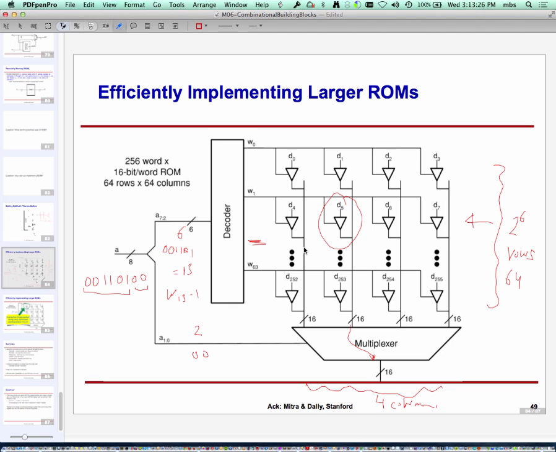So on this column, I'm going to see 13th row, column 0. On this one, I'm going to see the data of 13th row, column number 1. On the third one, I'm going to see 13th row, column number 2, and then column number 3. But I'm interested only in column 0. So that's why the multiplexer comes into play. Whatever is appearing out here, I'm going to pass it through in this example.